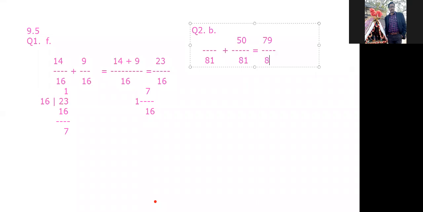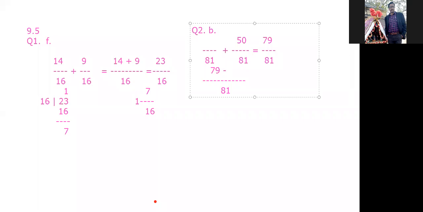Now you check carefully. What we know is the sum, and we know one of the numbers. To find this, what do we have to do? This is very important. As we know the sum, the denominator will be common for them. So 81 is the denominator, the sum is 79, and one of the numbers is 50.